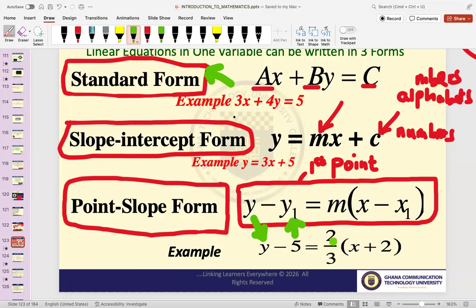It's equal to 2 over 3, which is the m you are seeing here. And then the bracket opens. This x is the x you are seeing here, and this x1, the first point of x, is the 2 you are seeing here. And that is how the point slope form is written.